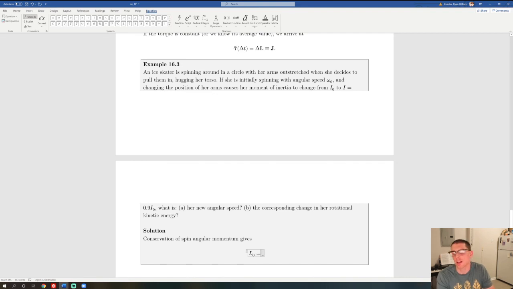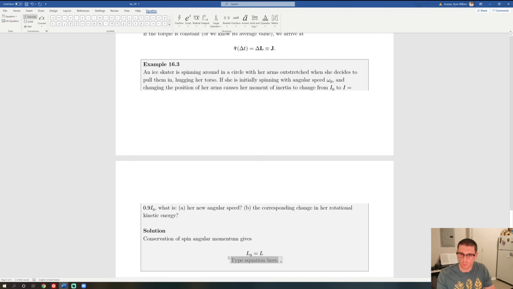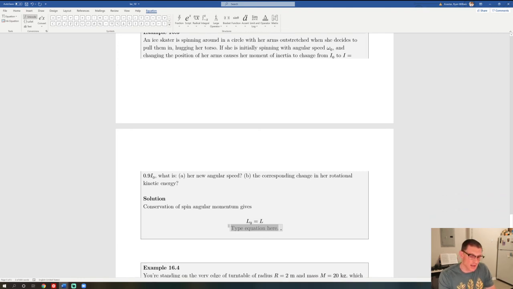So we're just going to say that L initial equals L final. The initial angular momentum is given by the initial moment of inertia times her initial angular speed, and her final angular momentum is given by her final moment of inertia times her final angular speed.